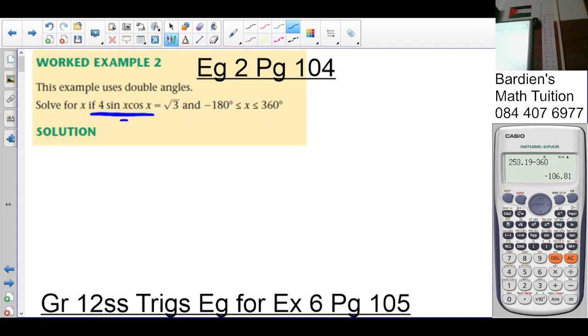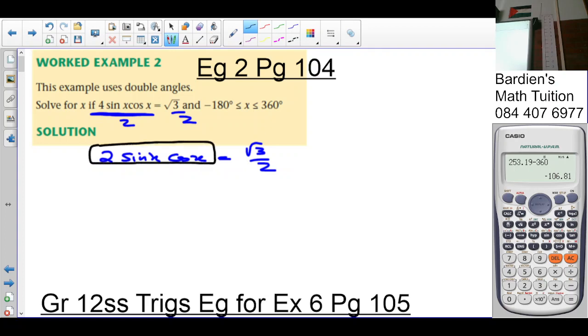So if I divide both sides by 2, I would now get a 2 in front of it. So it's going to be 2 sine x cos x equals the square root of 3 over 2. Do you all understand that? Now 2 sine x cos x can be written as what? Sine 2x. So sine 2x is equal to the square root of 3 over 2.